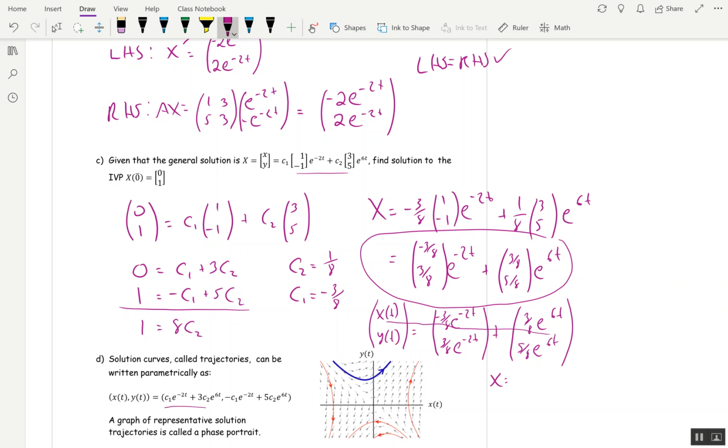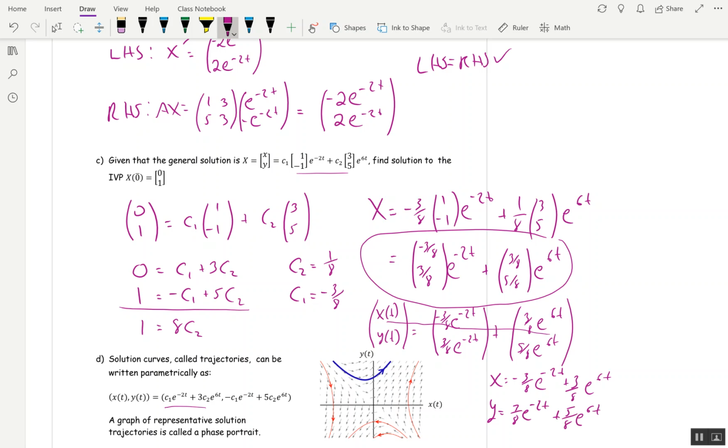This gives us x is negative 3/8 e to the negative 2t plus 3/8 e to the 6t. And little y, the bottom equation, 3/8 e to the negative 2t plus 5/8 e to the 6t.